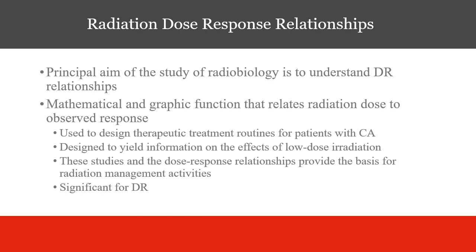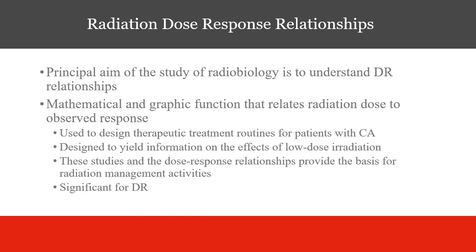So we have mathematical and graphic functions that relate dose to observed response. And so it's been used to look at designing therapeutic treatment routines for patients with cancer. It's looked at information that we've had from effects of low doses of radiation and even those from high doses. So it just depends upon what we've examined.